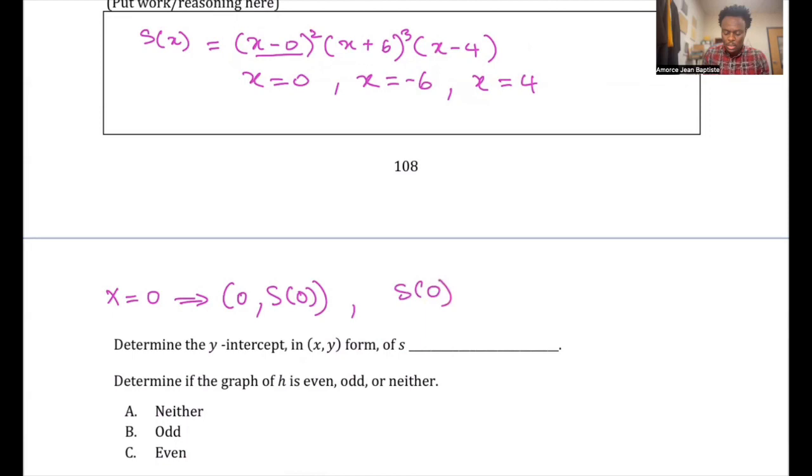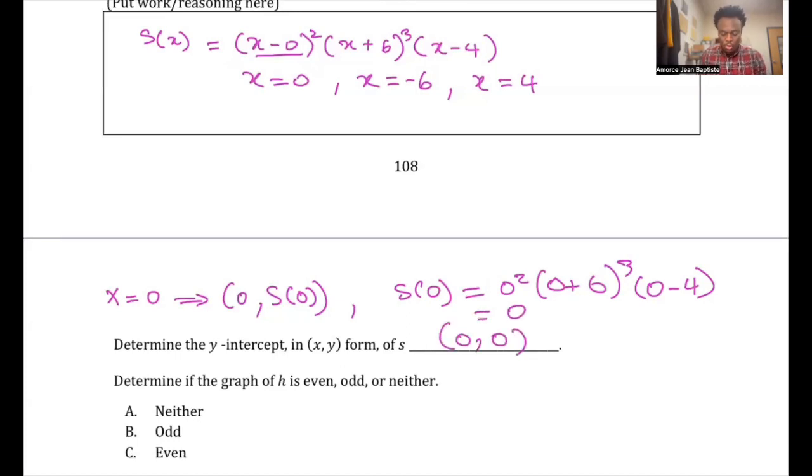S of 0 is 0 because that's going to be 0 squared times 0 plus 6 to the third, times 0 minus 4. Because you have this 0 multiplying everything, so it's automatically 0. So your y-intercept is 0, 0.